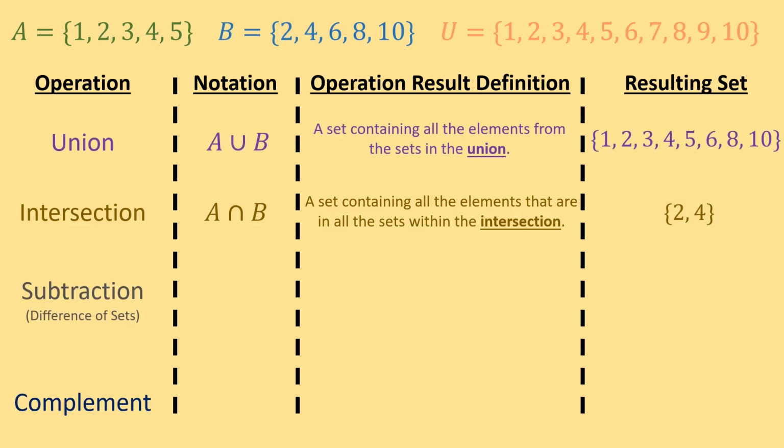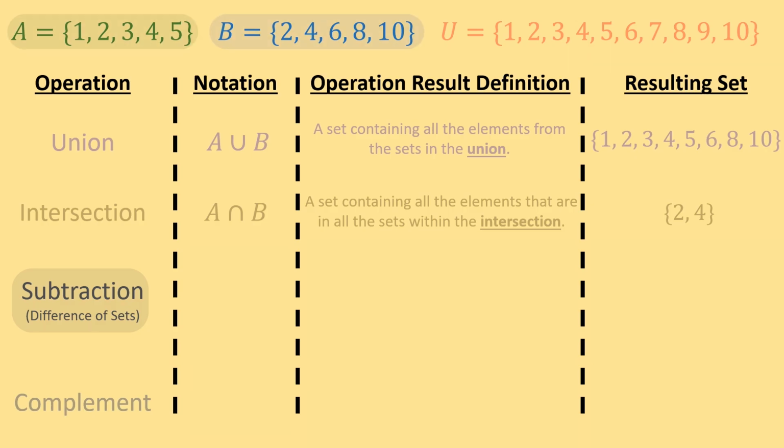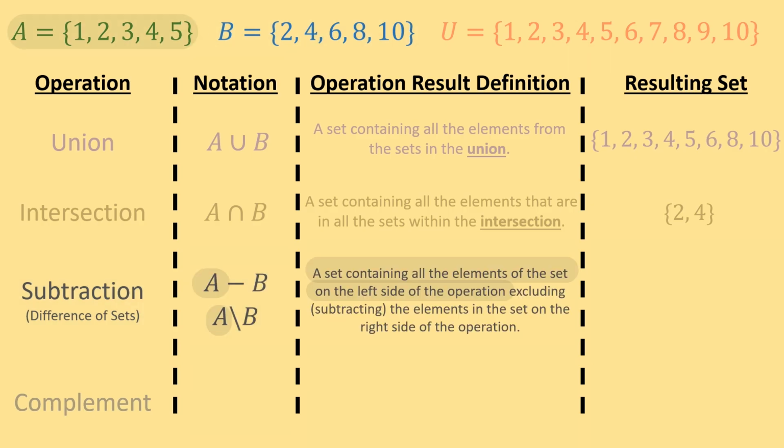Moving on to set subtraction, which we also call the difference of sets. The difference of set A and set B, denoted with either of these forms, is all the elements in the set on the left side of the operation, excluding any elements from the set on the right side of the operation.